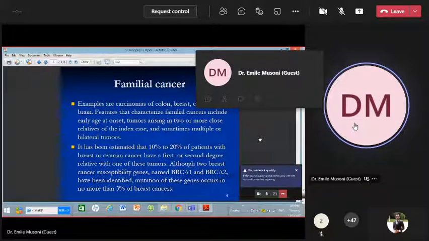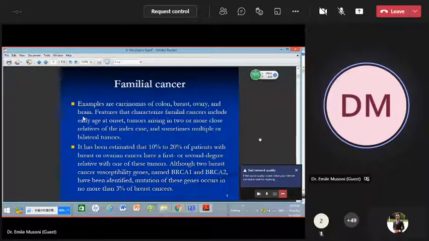Features that characterize familial cancers include early age at onset, tumors arising in two or more close relatives of the index case, and sometimes bilateral tumors. It has been estimated that 10% to 20% of patients with breast or ovarian cancer have a first or second degree relative with one of those tumors.